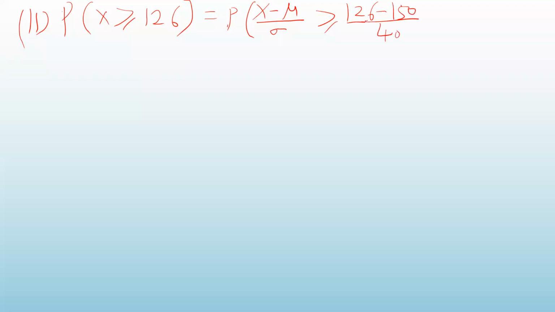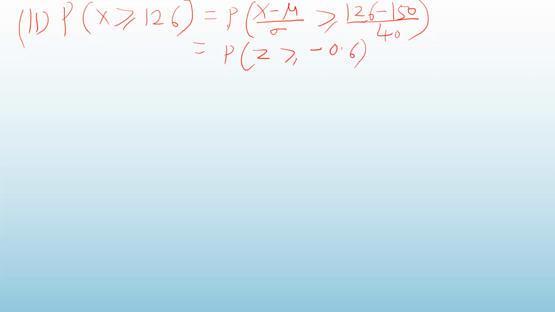Same as what we have done in the previous problem. So this is equal to the probability of z greater than or equal to (126 minus 150) divided by 40. That gives you minus 0.6.